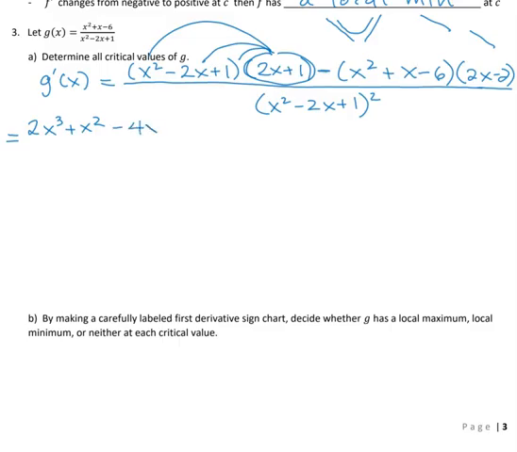I see negative 4x squared minus 2x, and then the 2x plus 1 multiplied by 1, that one at least is easy, plus 2x plus 1. And then we're going to be really careful with this one because it has a minus sign as well. So I'm going to distribute that in first. So this will become a negative x squared and a negative x and a positive 6.